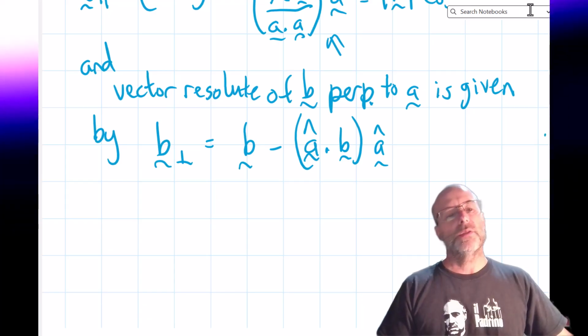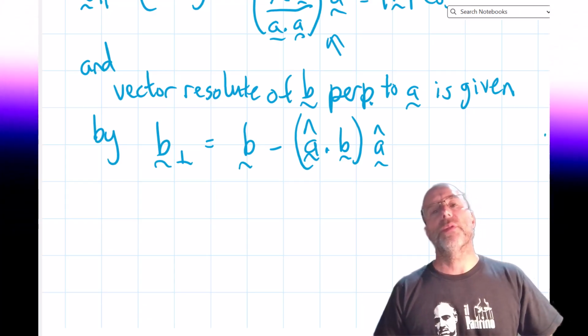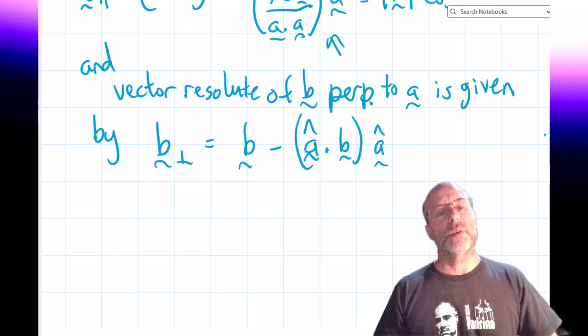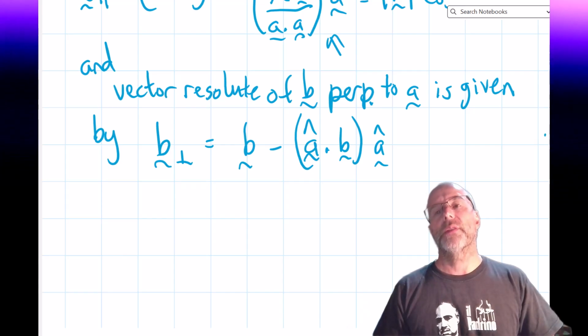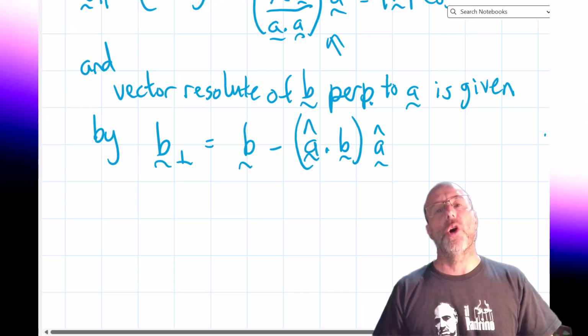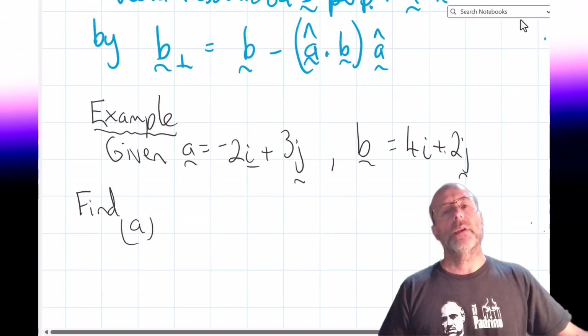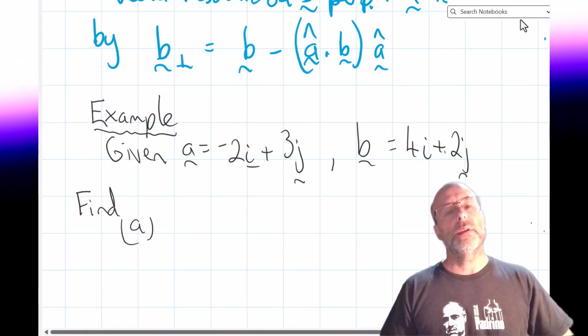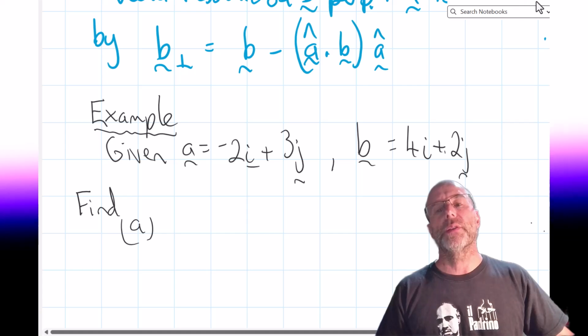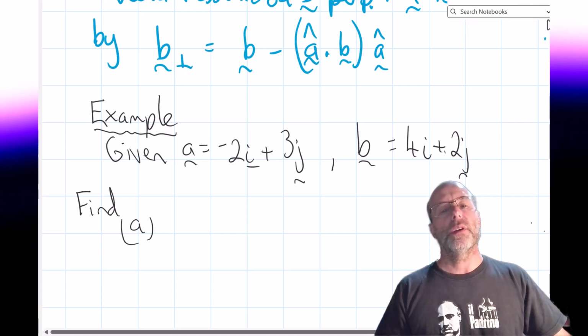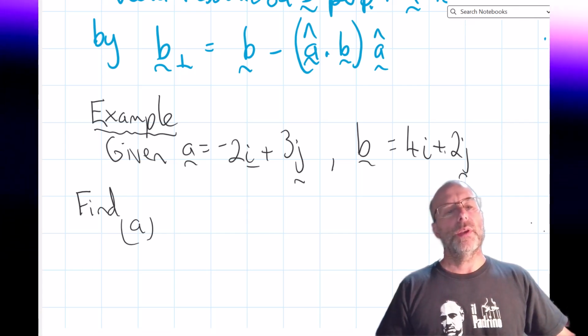Let's do a quick example to finish off, and we'll do one of each in this example: a scalar resolute, a vector projection, and a vector resolute that's perpendicular. Given that A is negative 2i plus 3j and vector B is 4i plus 2j, note those. We have to find three things.